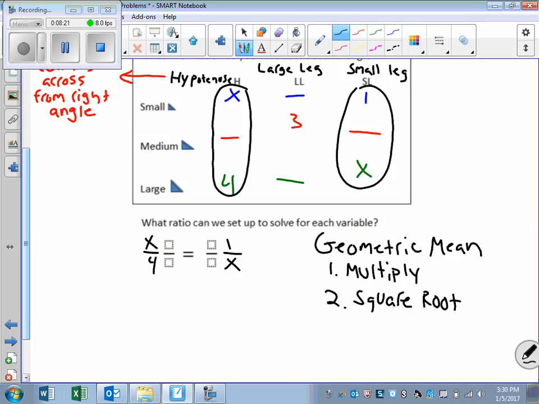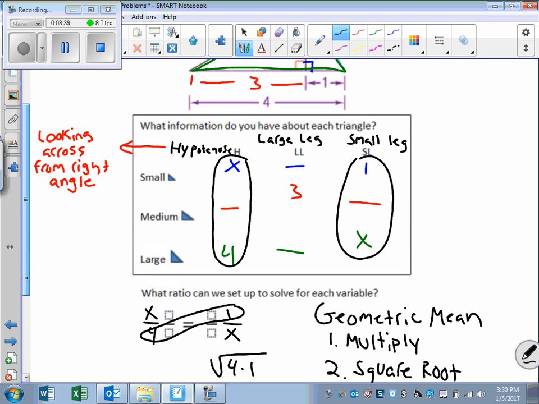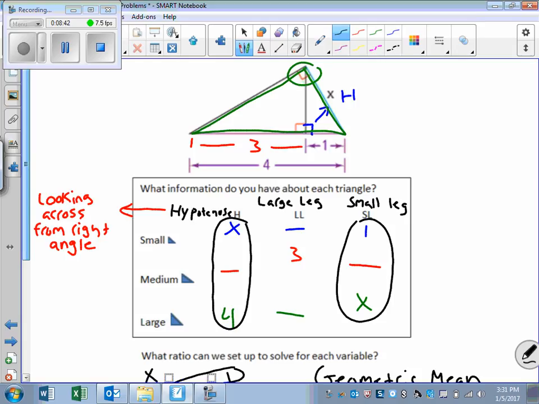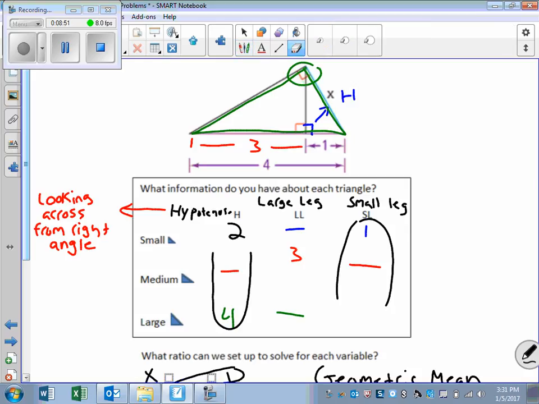Now, if we look at the two numbers that we know, we're going to have the square root of 4 times 1, which is just the square root of 4, which is just 2. So just by that, we were able to figure out that the x's, if we go back up to the picture, are 2. So instead of x here, we can write in 2. And instead of x here, we can write in 2. So that's why we use this structure. We use this structure because it always gives you the fraction, and then you can end up solving for the missing part.